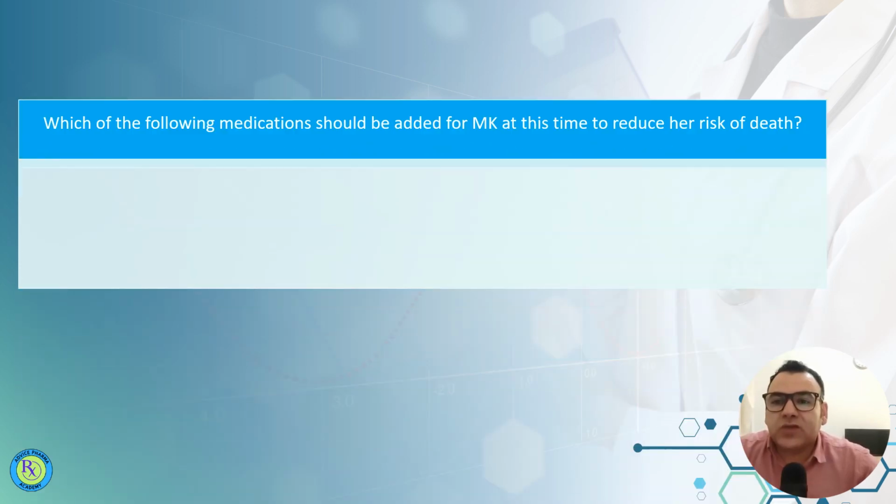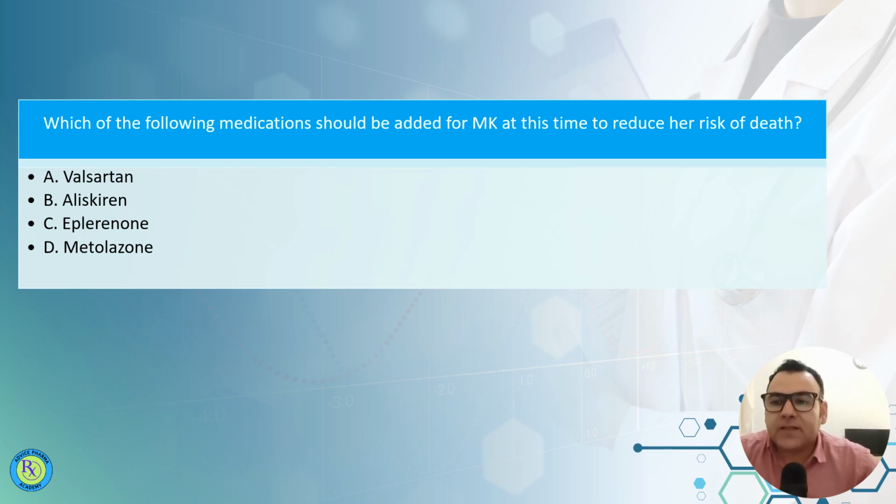Next question: which of the following medications would be added at this time to reduce the risk of death? Is it valsartan, aliskiren, eplerenone, or metolazone?